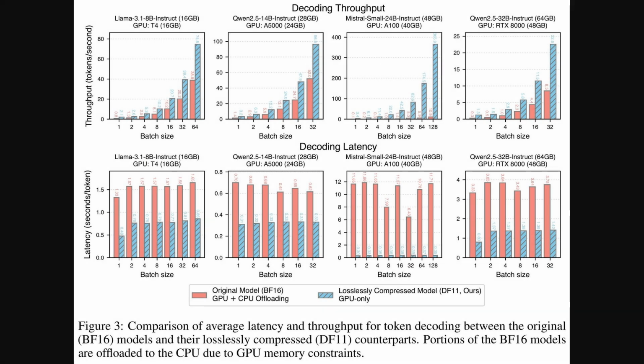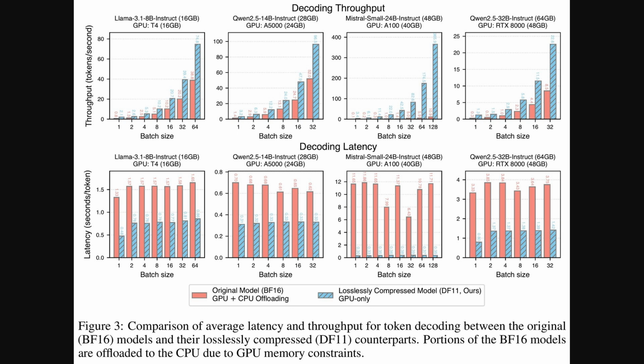Okay, so that extra memory for the KV cache is great for longer sequences. But what about the actual speed? The throughput and latency during decoding? Well, this figure tackles exactly that. It compares the performance of the original bfloat16 models, shown in red, which often have to offload parts to the CPU because they don't fit on the GPU, against the DFloat11 compressed models in blue, which run entirely on the GPU.